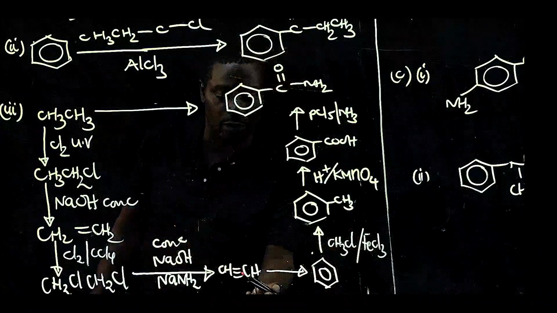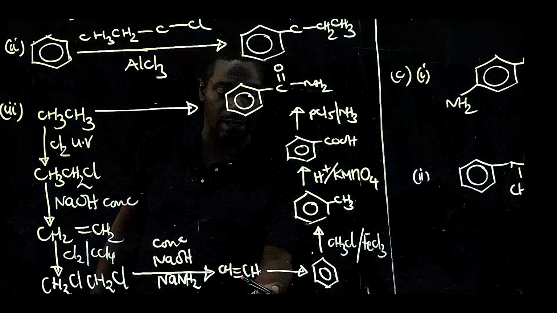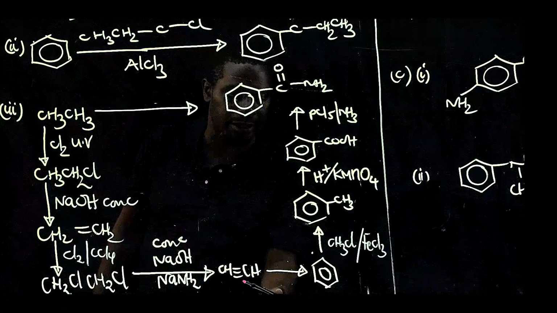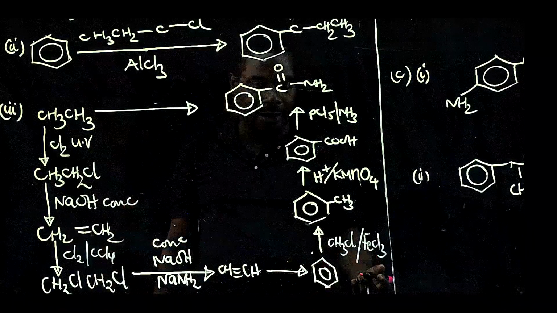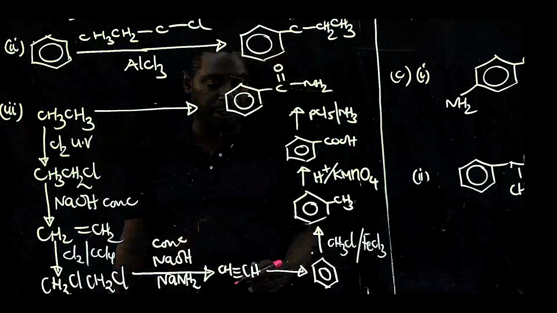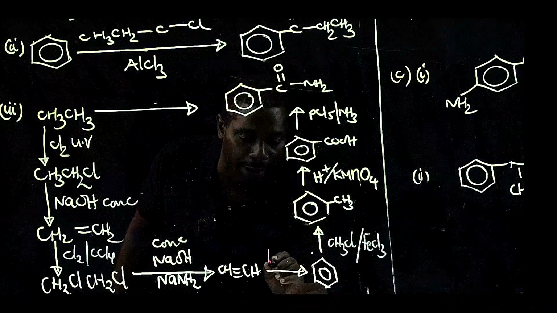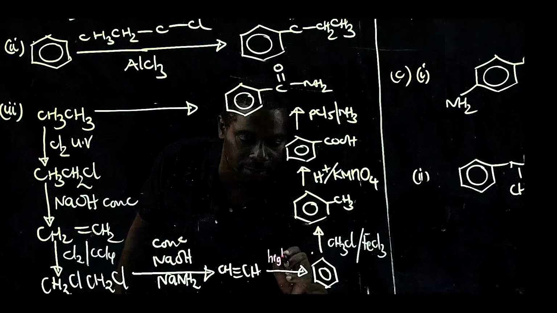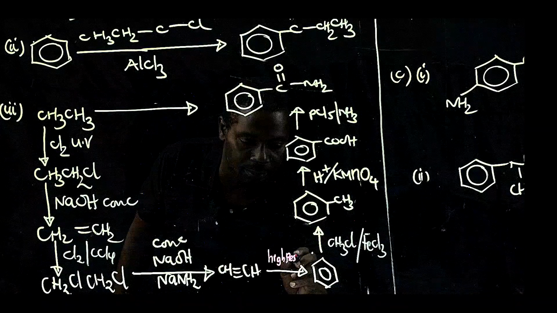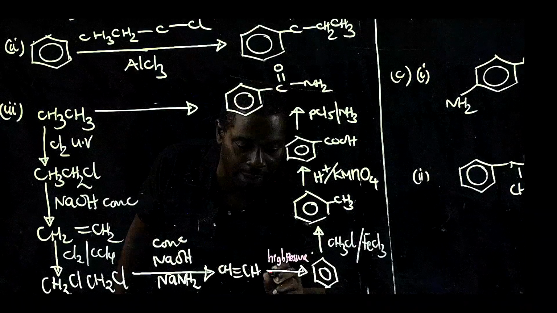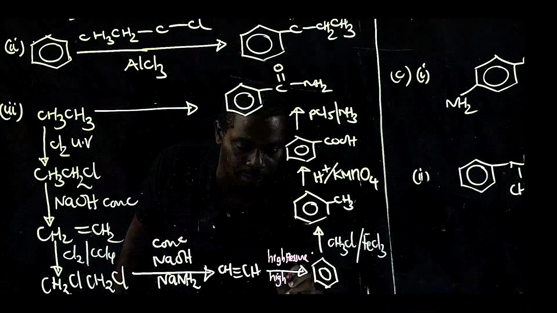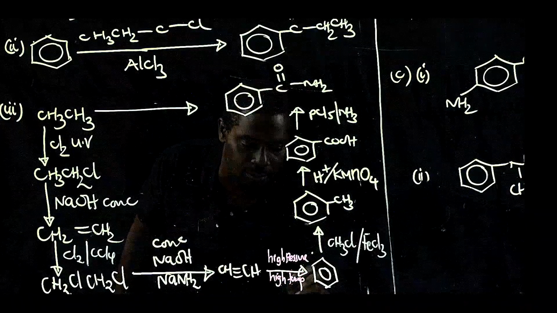So molecules of ethyne can be trimerized or polymerized into benzene under the following conditions: high pressure and high temperature in a system.